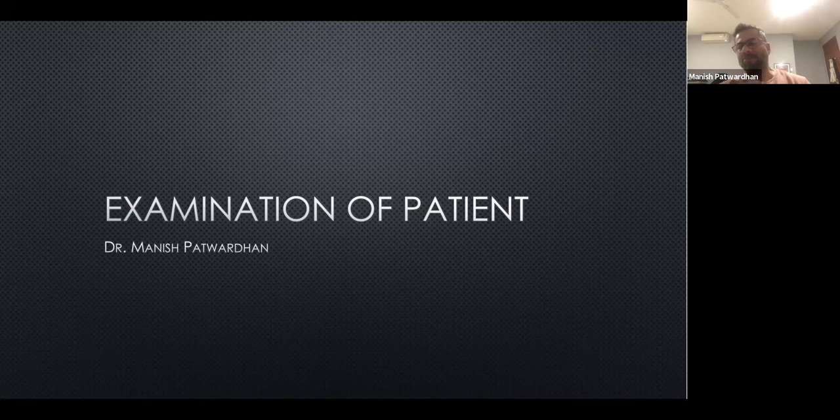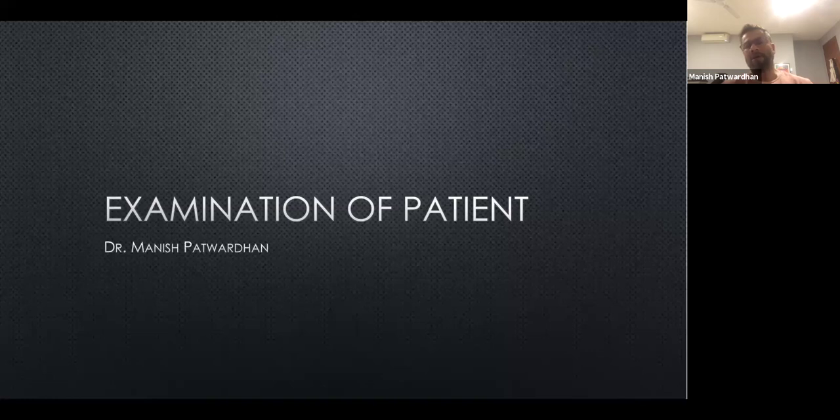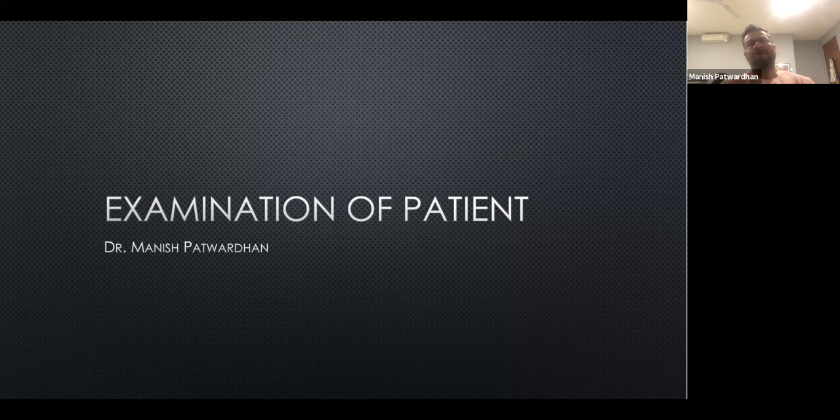Basically, patient means a person who is suffering from a disease or a health problem. Now, this whole examination of the patient is very important because if we don't have a proper system in place for the examination of the patient, then it is extremely difficult to examine the patient properly and understand the health problems properly.